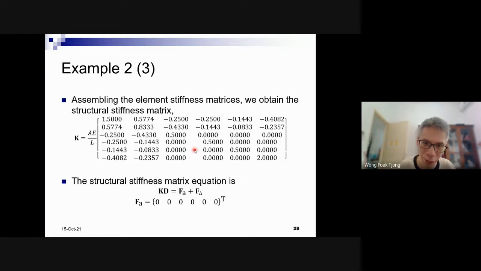And the rank should be 6, of course, because this is a 6 by 6 matrix. What is rank? It means it has 6 independent rows or 6 independent columns. Why? Because the structure is stable and, of course, positive definite.